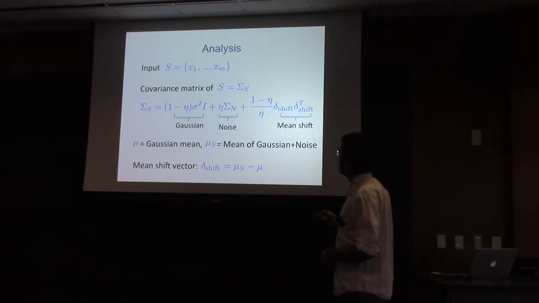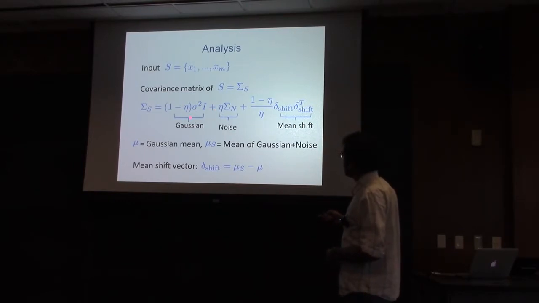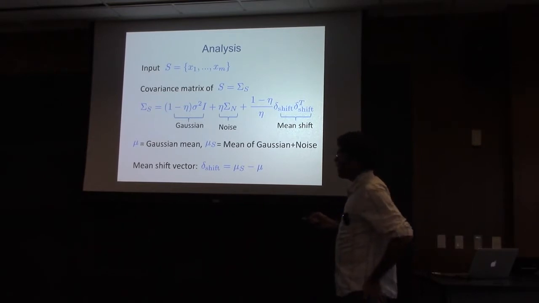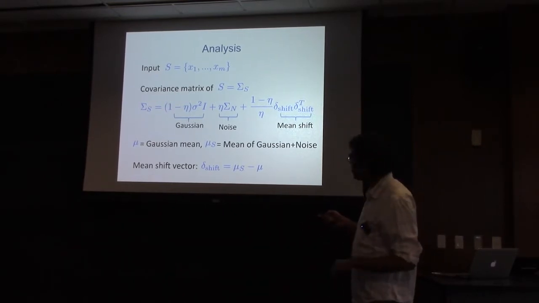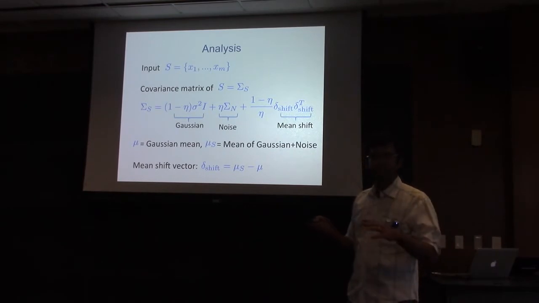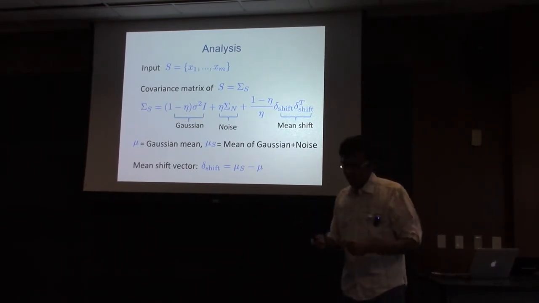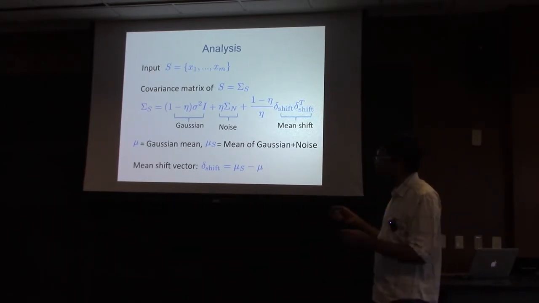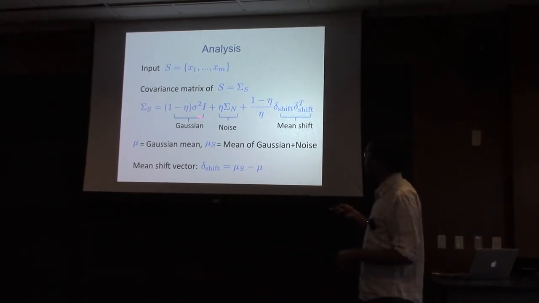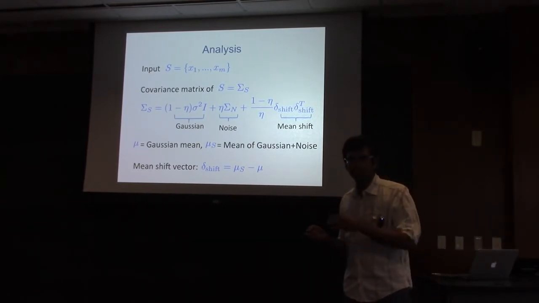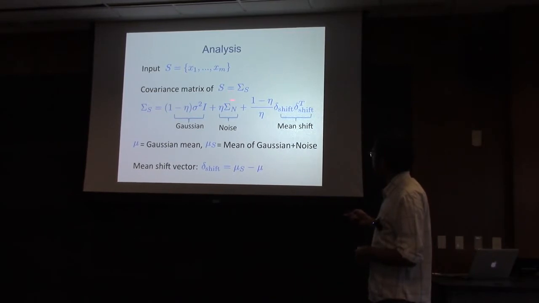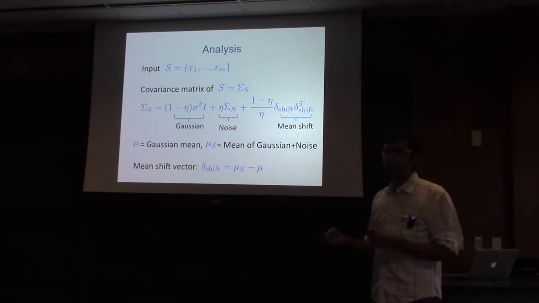So here, there's a 1 minus eta fraction of Gaussian points. I'm ignoring the sample complexity, etc. I'll assume the covariance matrix of the Gaussian points is exactly equal to sigma square I, just for simplicity. So this is the Gaussian part, and this is the covariance matrix of the noise, and then there is a component because of the mean shift vector.